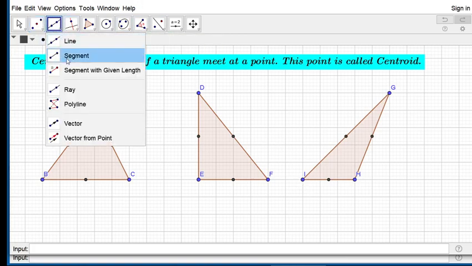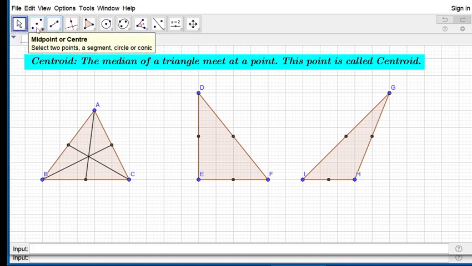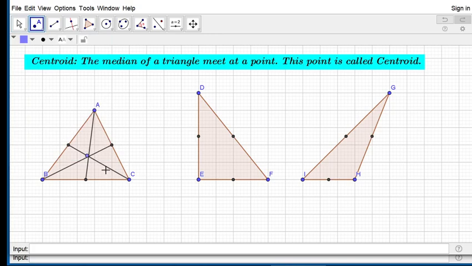Now we have to join this vertex to the midpoint of the opposite side, this vertex to the midpoint of the opposite side, and this vertex to the midpoint of the opposite side. Now this point is called centroid.